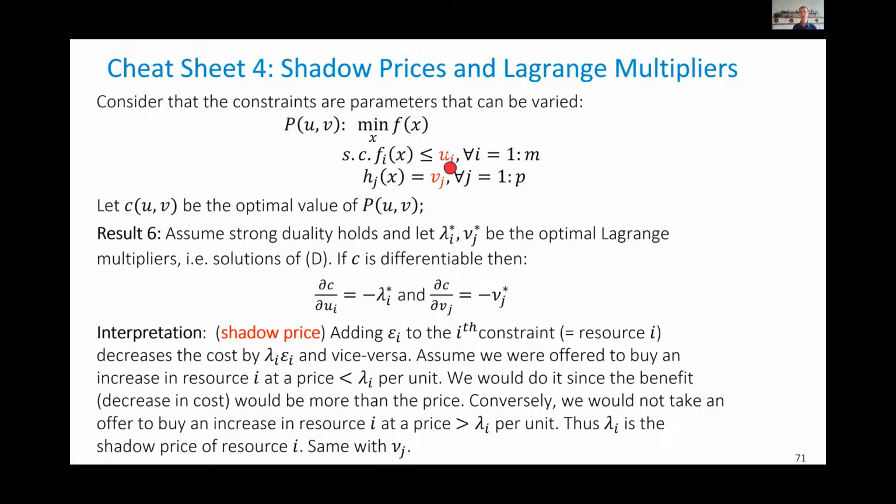Of course, here I've cheated a bit. So I said I use the standard form, so the standard form will be f_i(x) less than 0. Of course, I can very easily express it by saying f_i(x) minus u_i is less than 0.